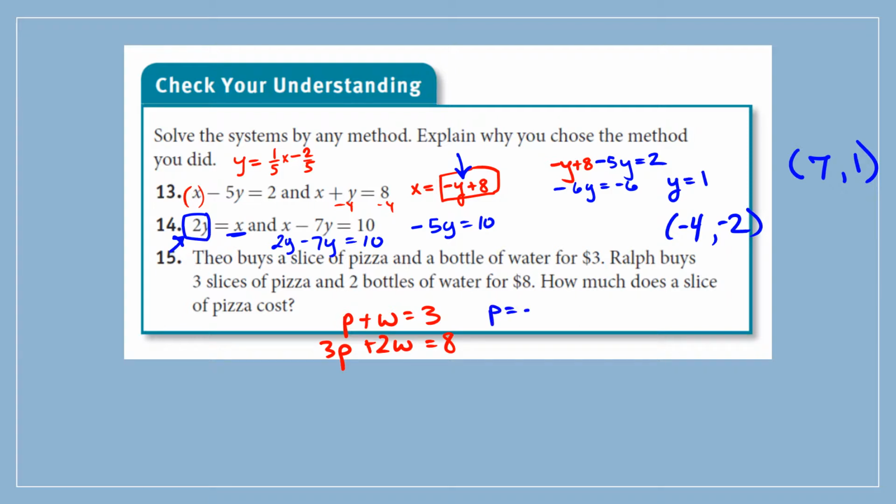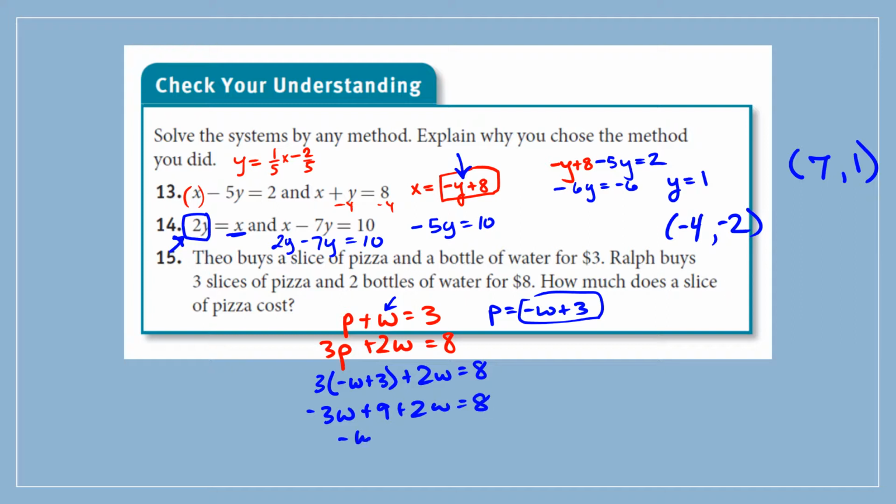So if p equals -w plus 3, just because I minus this w from both sides, then I would have 3 times -w plus 3 plus 2w equals 8. So -3w plus 9 plus 2w equals 8. So -w equals -1 if I combine these like terms here, and then minus 9 from both sides.